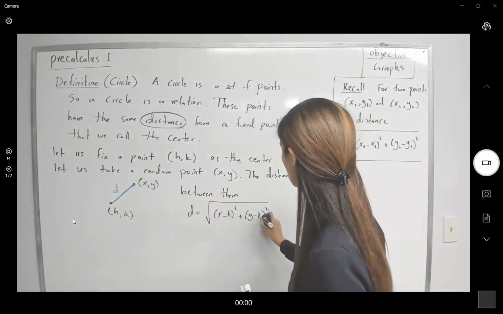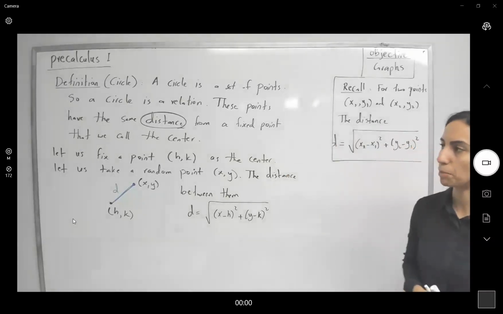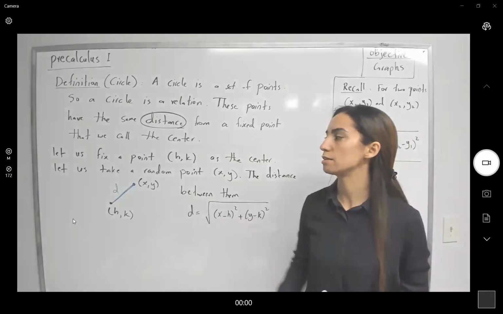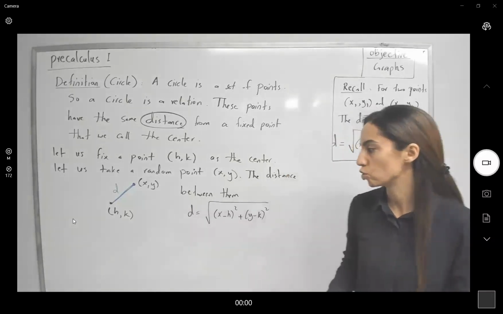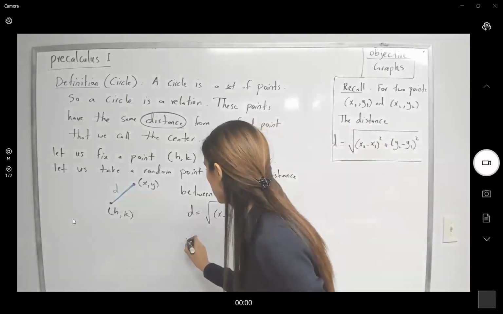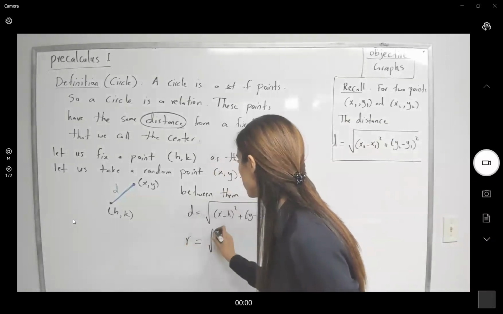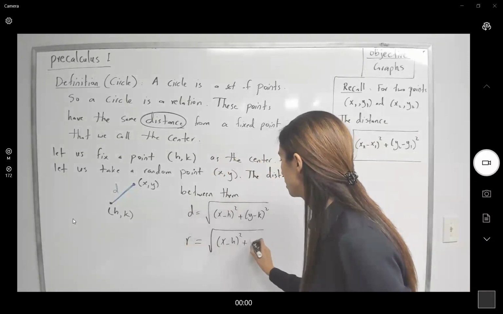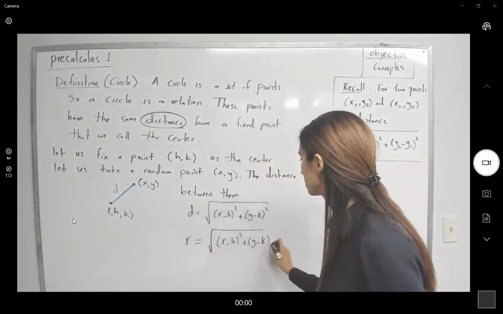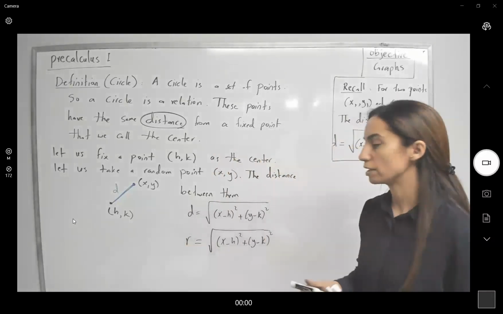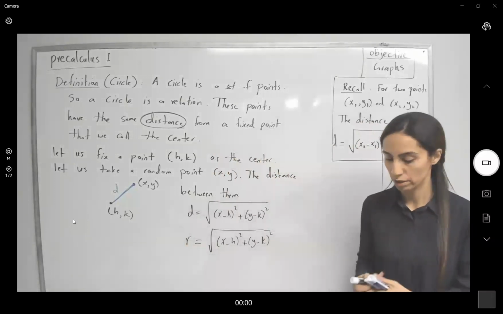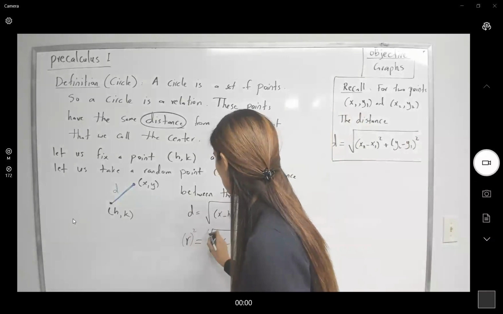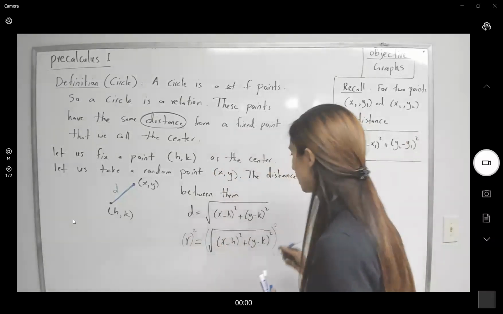But remember that when we talk about a circle, we call this distance the radius. So r is equal to the square root of x minus h squared plus y minus k squared. You can raise both sides to the second power to get rid of this radical.